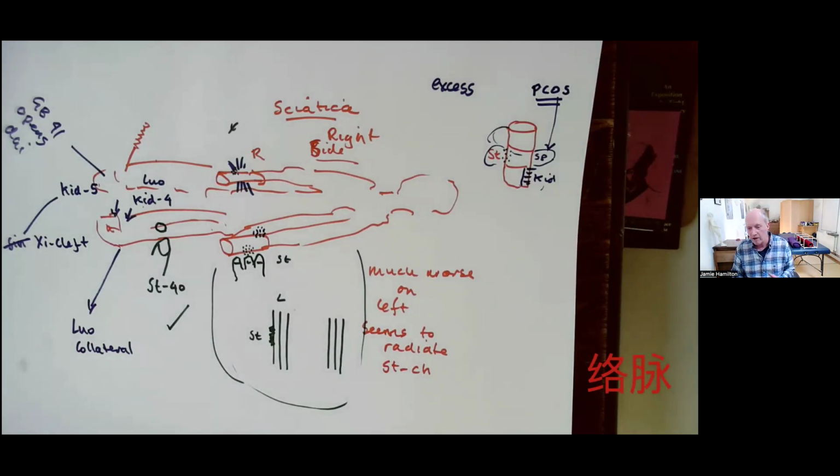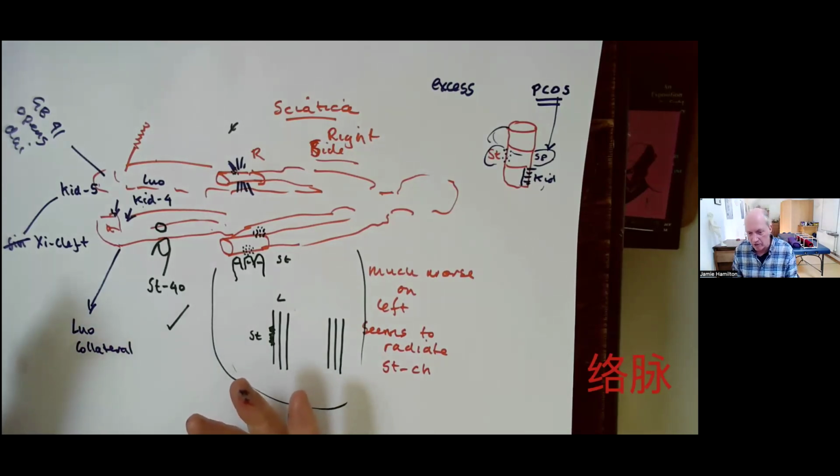However, when I read in the classics about the nature of the extraordinary vessels, like for instance, this book I've been showing you, it doesn't talk that much about deficiency of those vessels. And even if they are deficient, I think sometimes they show themselves in an excess way because it's as if they're in trouble. So even when there's deficiency, I think they're more likely to show as excess on the pulse.